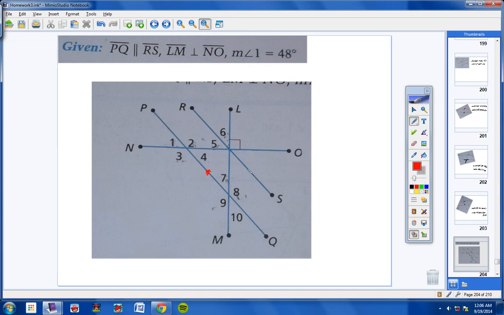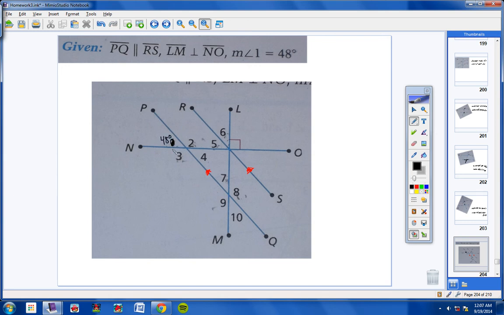And then LM is perpendicular to NO. They've already got that marked for us with the right angle. And then they tell us the measure of angle 1 is 48 degrees. So I'm going to cross off 1 and put 48 degrees right here.